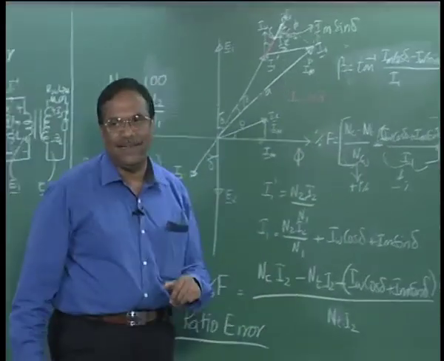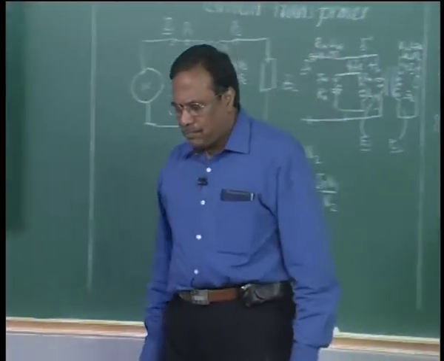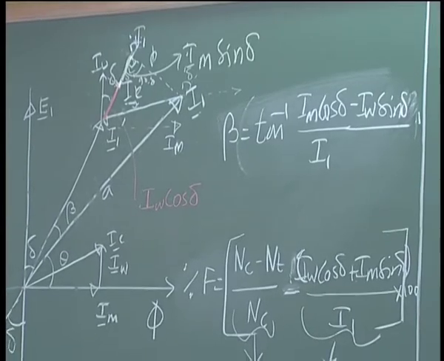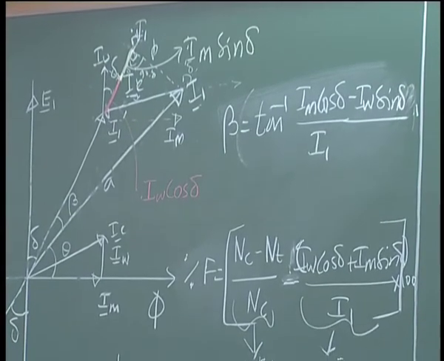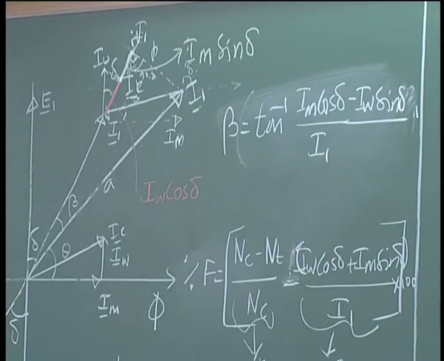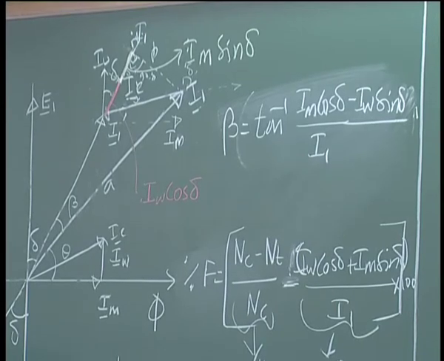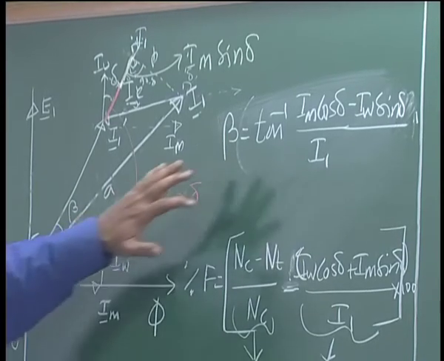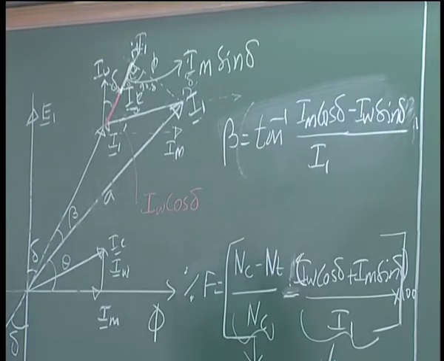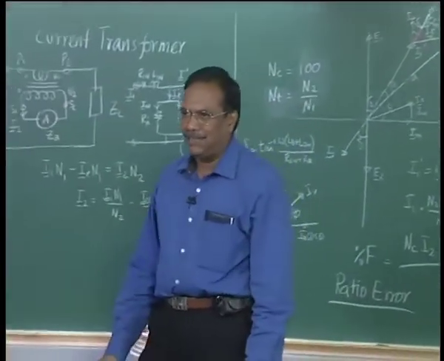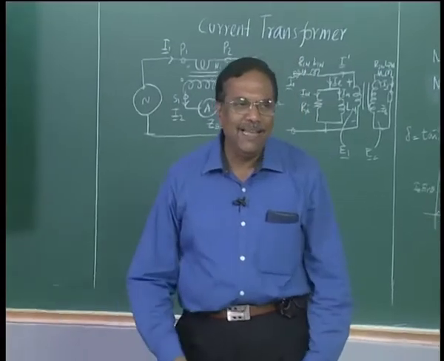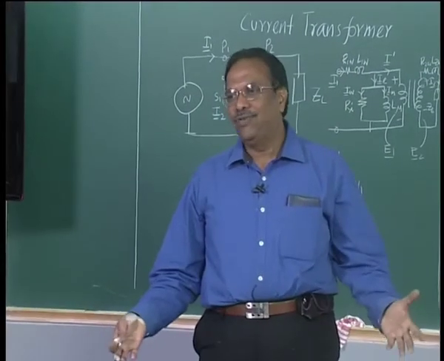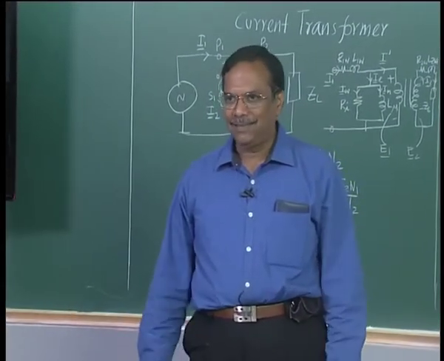So that is the phase error. If I want to express the phase error in radians, I do not have to do anything, that would give me straight away in radians. If I have to express the angle in minutes, of course I have to get it in minutes, and if it is milliradians, I have to multiply by 1000.